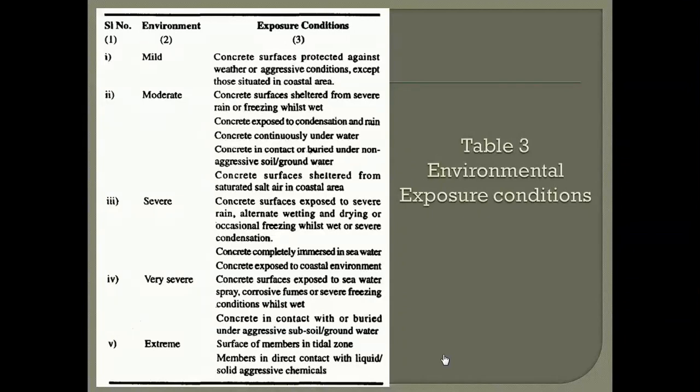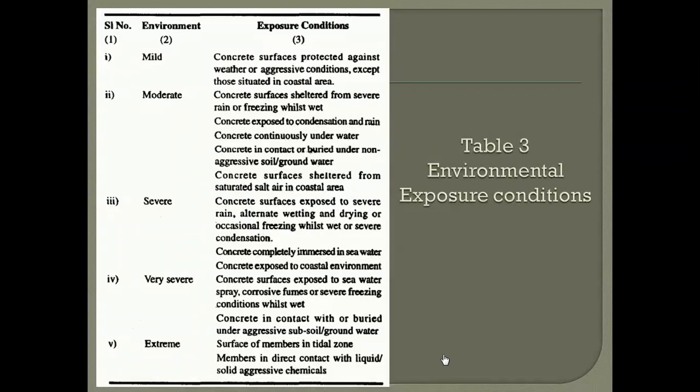Whereas in other regions, especially Bangalore, where there is no sea, it comes to mild and moderate. If the concrete is exposed to a coastal environment, then it comes to severe or very severe.